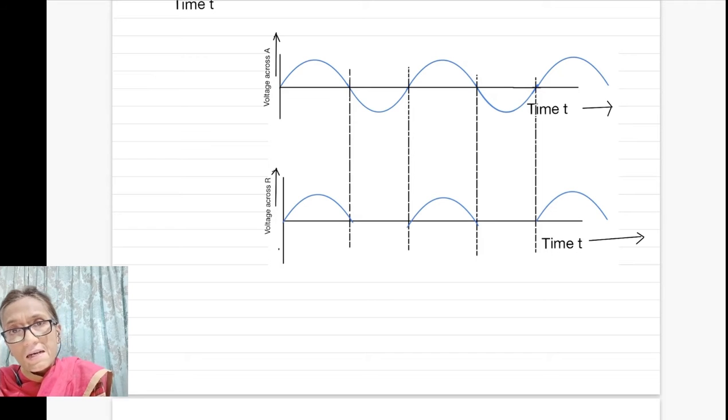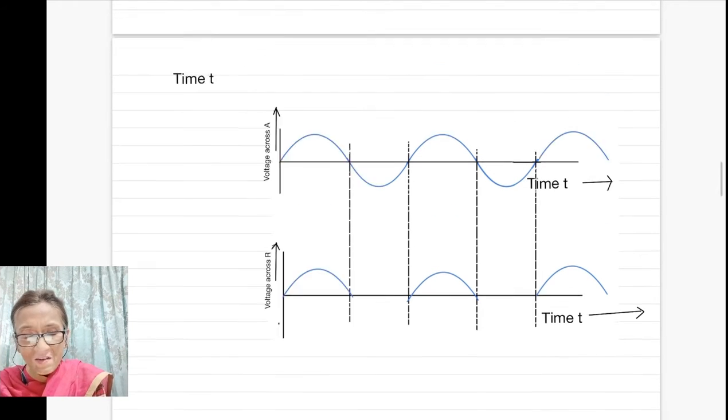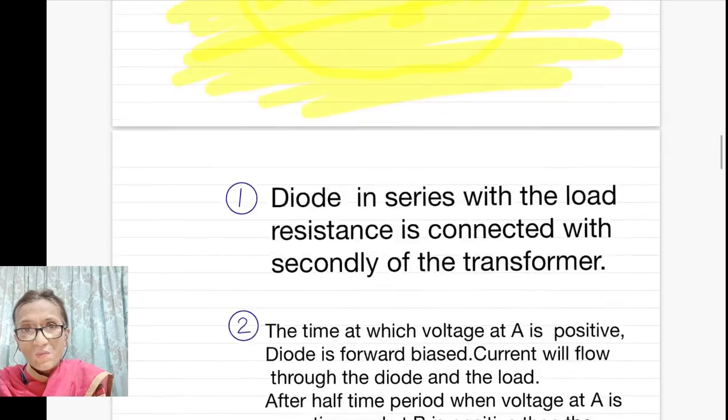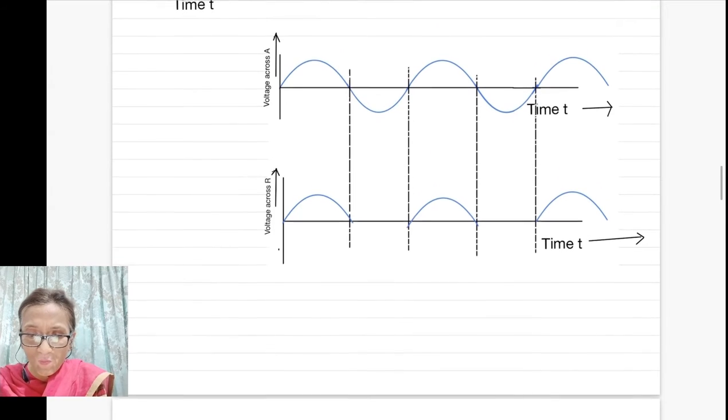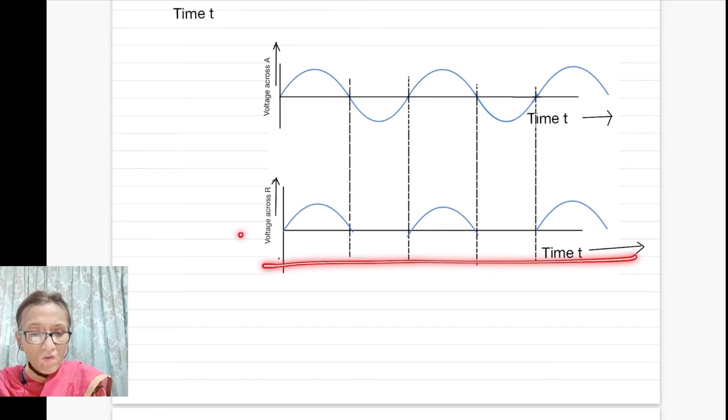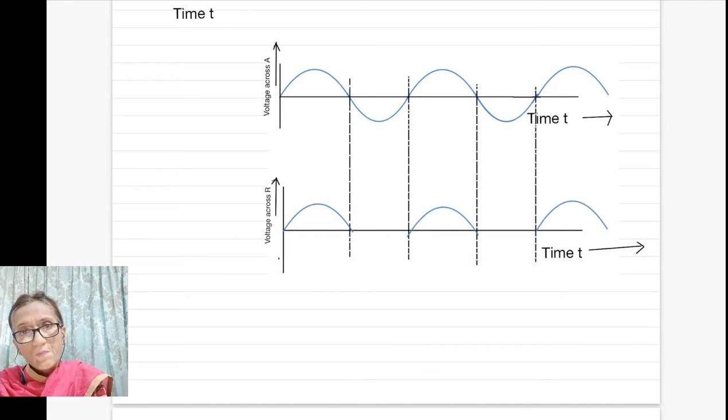But in the next half of the second time period, again the diode is reverse biased, it will not allow current through it. So now the voltage becomes 0. Voltage is absent from here. So this is the graph of voltage versus time of a half wave rectifier.